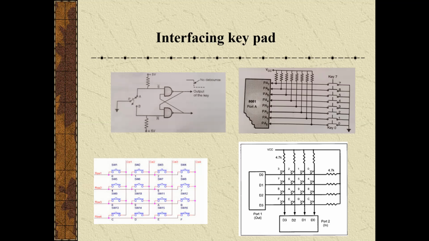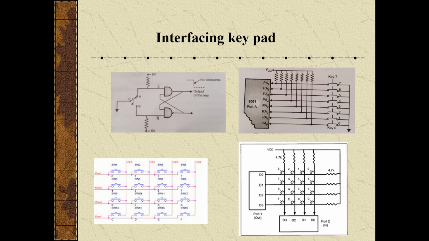In the second stage, we have to debounce the key using software debouncing. And next we have to identify which key is pressed. So in the third loop, we write in the program a check for which key is pressed. In this, we activate one column by making the other column lines 1, or we can do it by making one row 0 and all the other rows high.